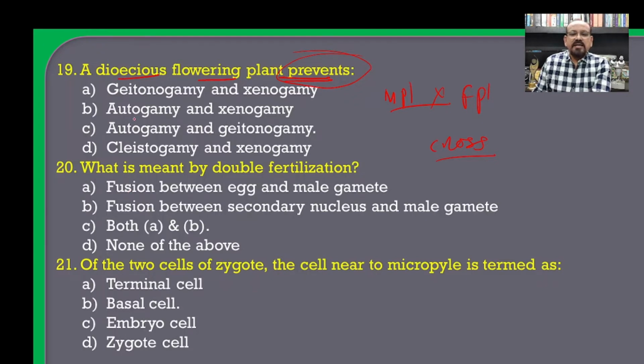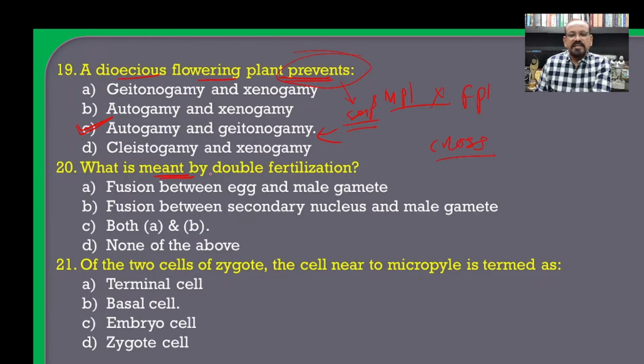We know autogamy and geitonogamy are types of self pollination, and xenogamy and hybridization are types of cross pollination. As it prevents self pollination, it will avoid autogamy and geitonogamy, and hence C will be the correct answer for this question.